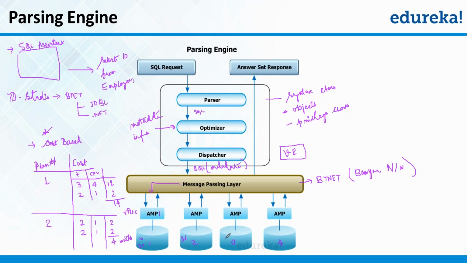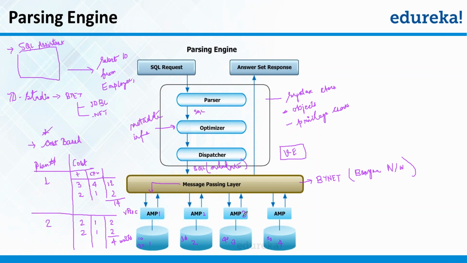If I have 30, 40, and 50 in the other disks, AMP1, which is basically your processor, is not at all bothered to handle this data. Okay, so AMP2 will be responsible for 30. Nobody else is responsible.